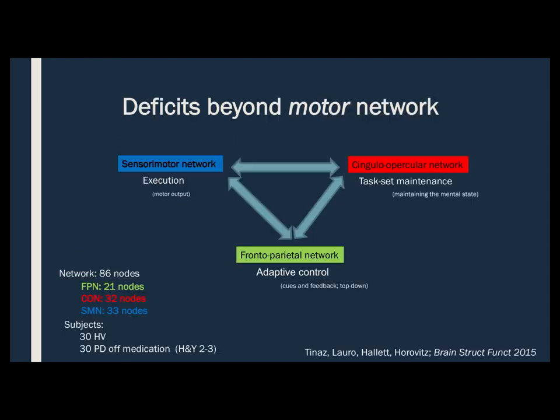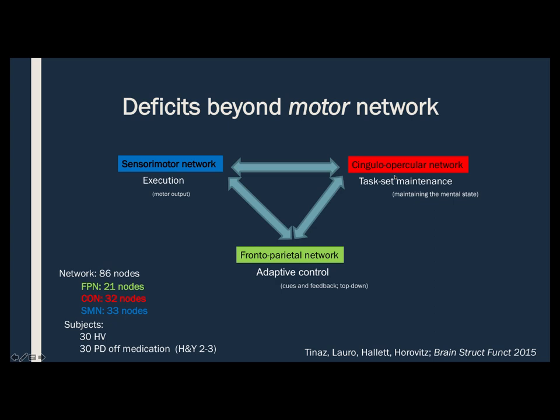So the model that we tried to study was, well, we have the sensory motor network that is the one that will execute this opening and closing of the finger, right? But also we need to get some network that will keep the task going. And so we selected the cingulo-opercular network.